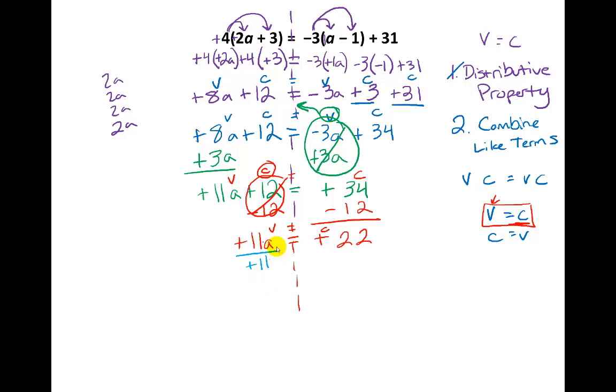If I'm dividing the left side by positive 11, I have to divide the right side by positive 11 as well. 11 divided by 11, that can be reduced to just 1. So I have a 1a, or a. That's equal to, positive divided by a positive is a positive. 22 divided by 11. 11 goes into 22 2 times. So a, or 1a, is equal to a positive 2.